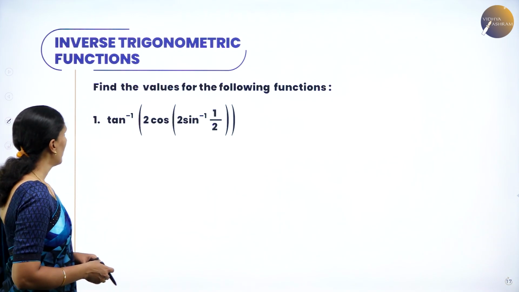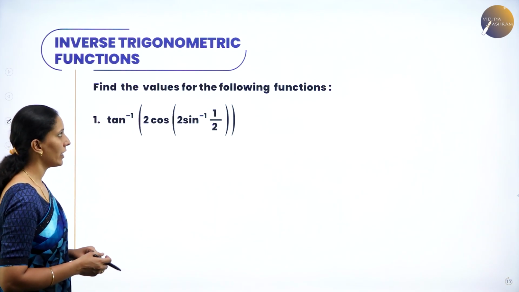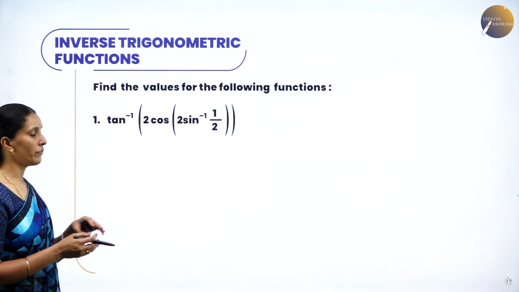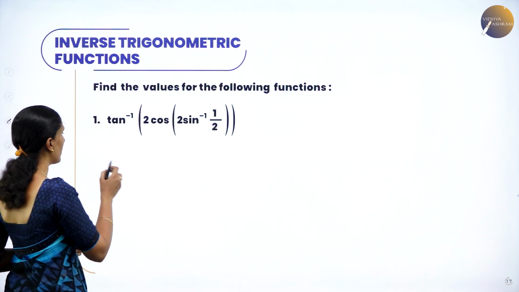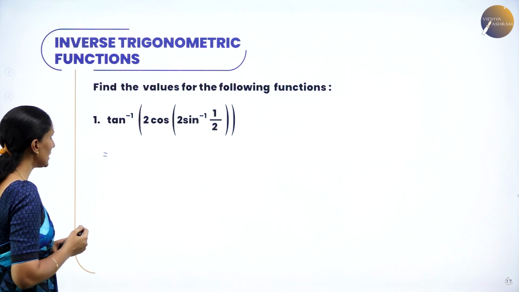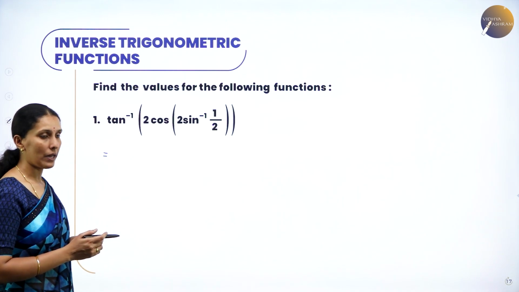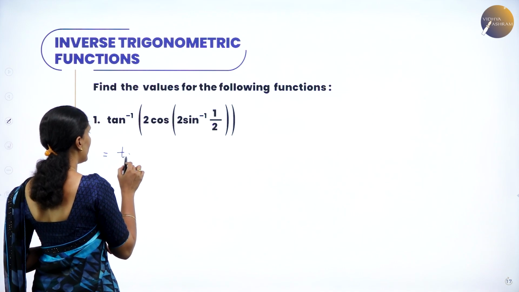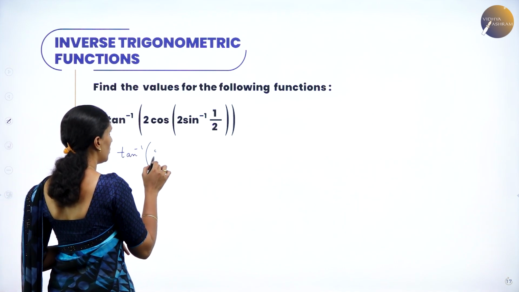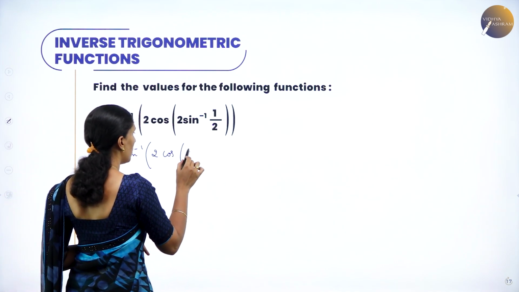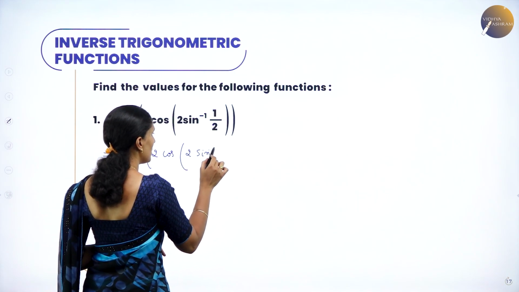Next one, find the values for the following functions. So we are supposed to find the value of the given function. The very first question here is tan inverse of 2 cos 2 sin inverse 1 by 2. So let's solve it.